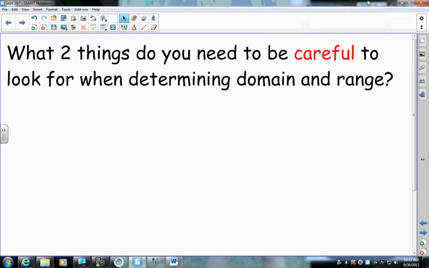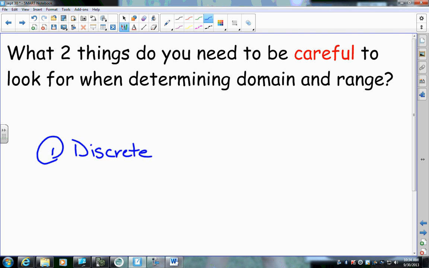One of the things I kept asking you was, is this data discrete or is it continuous? So that's one of the things you need to make sure and see. Is it discrete or continuous? That'll make a difference in how you write your domain and range. Here we go. Continuous.